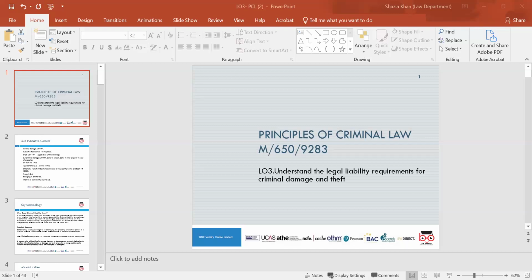So we looked at a lot of case law in regards to elements of unlawful killing, causation, actus reus, mens rea, murder, homicide. So this is just a summary of what we've done in learning outcome 2.